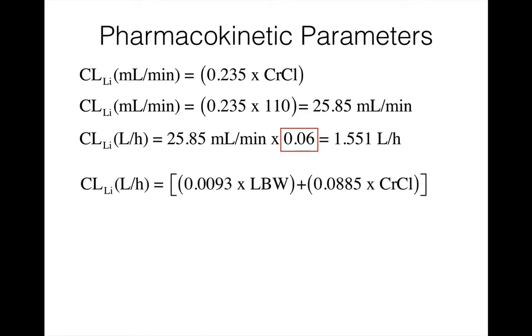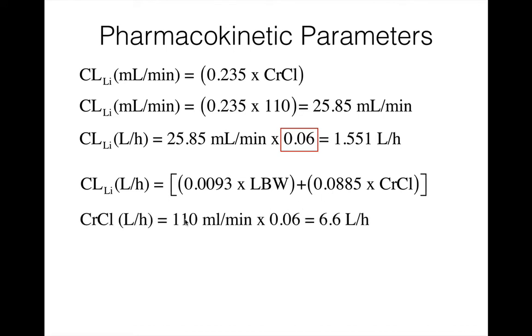A second method of predicting lithium clearance states that the clearance in liters per hour is equal to 0.0093 times lean body weight plus 0.0885 times creatinine clearance. This time the creatinine clearance is in liters per hour, so we need to do that conversion first.